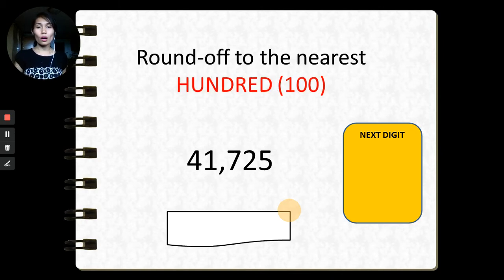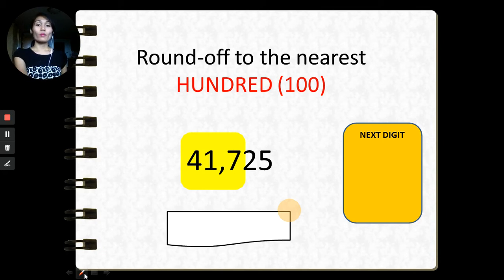41,725. Let's round this off to the nearest hundred. Again, which digit is in the hundreds place? It's the 7, right? So that means we will copy, or we will set behind the 4, 1, and 7 digits.